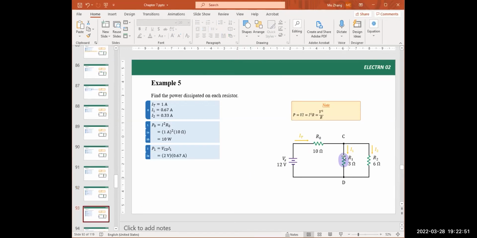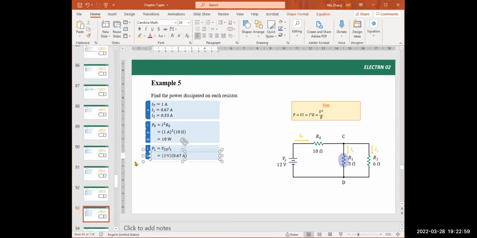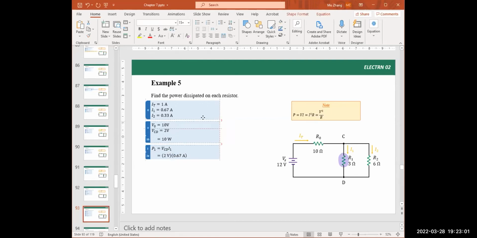The voltage across R1, that's VCD, equals 2 volt. We calculated it in a previous step, example 3. And the current that flows through it, we also calculated in example 4. That equals 0.67 ampere, or 670 milliamps, either way.